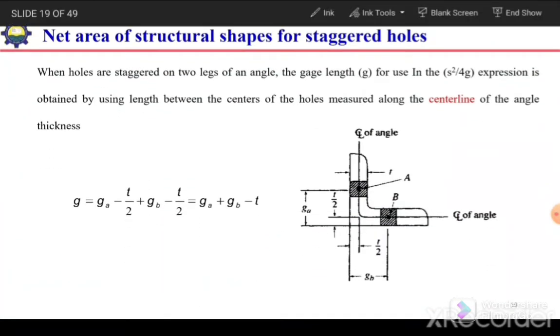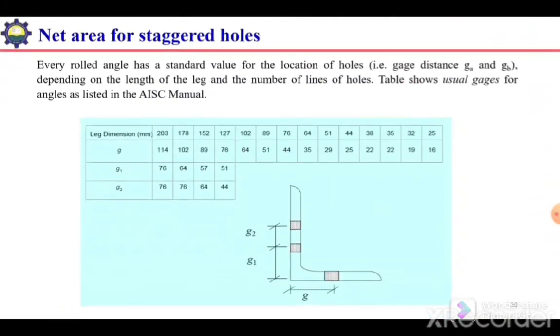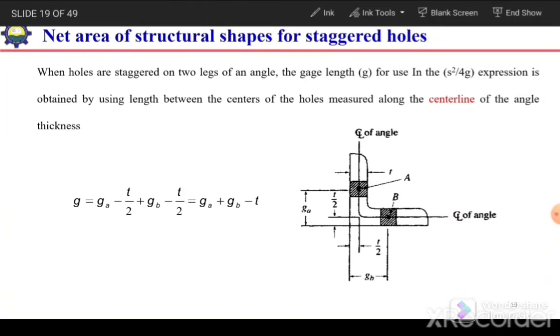Okay, so the previous that we have studied for the net area was for simple straight plates. But if we have structural shapes like angle section, T section, channel section, for example channel section, in that case we need to calculate the gauge length.